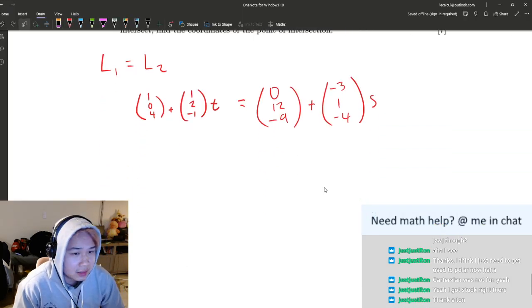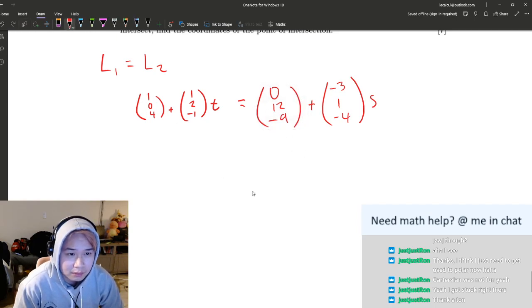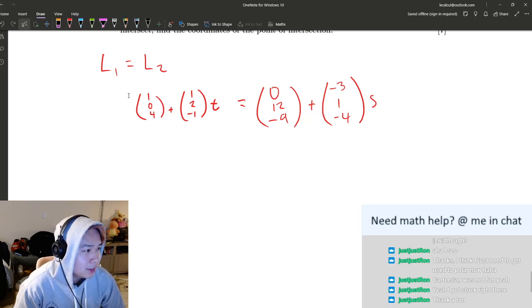And then let's subtract this vector from this one. So what do we get? Or honestly, these ones are bigger numbers. I'm going to subtract this one from that one.